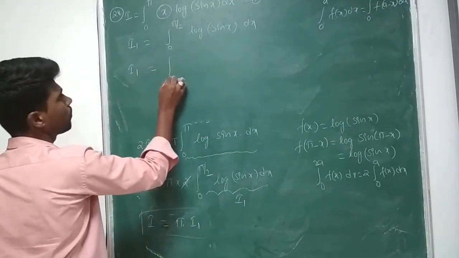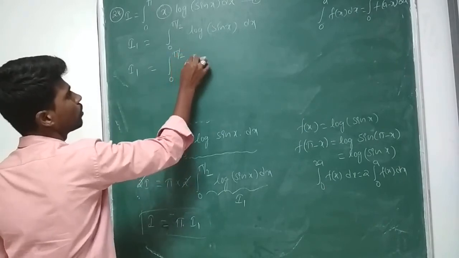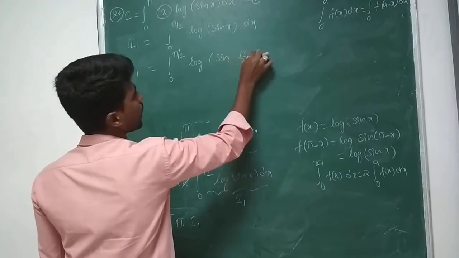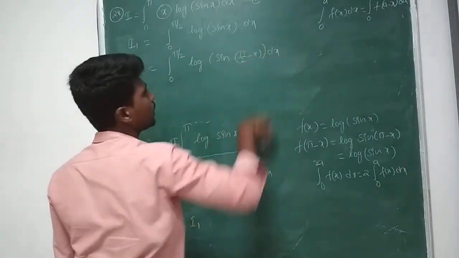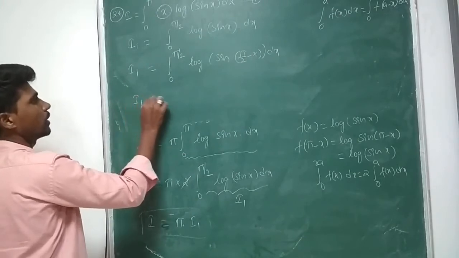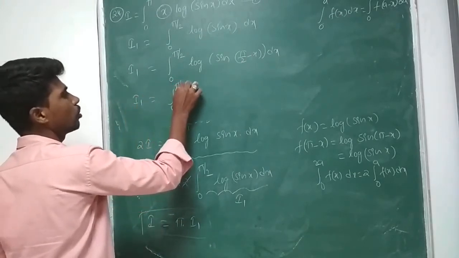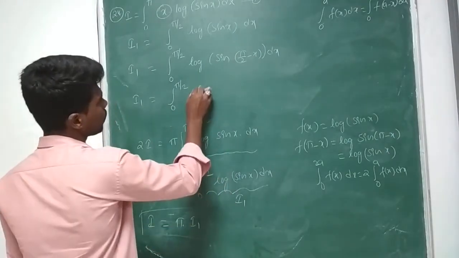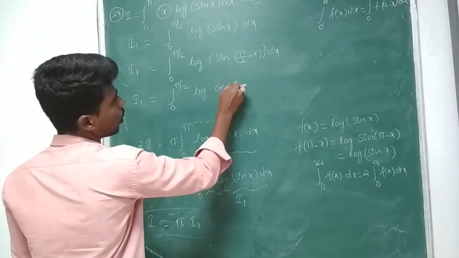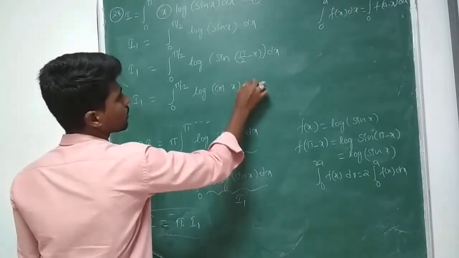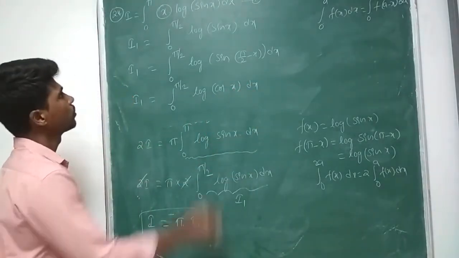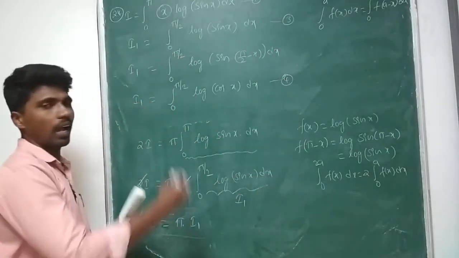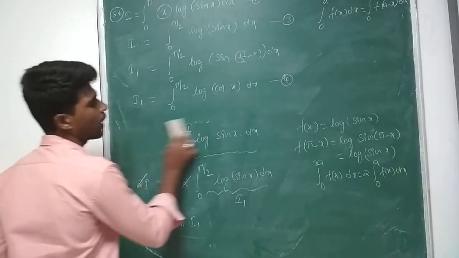So I get 0 to pi by 2 log sin of pi by 2 minus x dx. So I1 is equal to integral 0 to pi by 2 log of sin of 90 minus theta, which is cos theta. So I get log cos x dx. If I consider this as equation 3 and this as equation 4, add 3 and 4. See, if I add 3 and 4, what do I get?